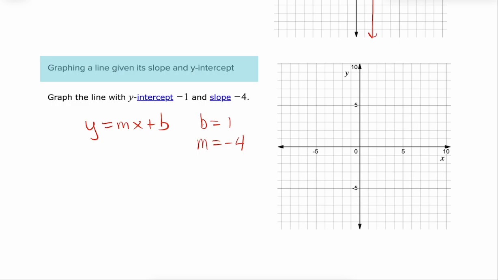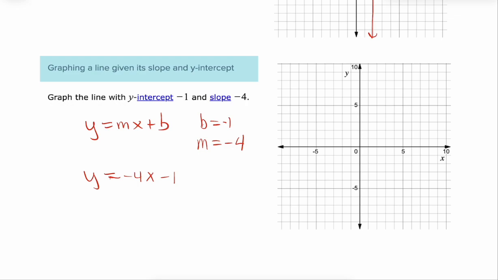When that's the case, the equation of this line, you could just set the -4 in front of the x and add the b, which is -1, on the end. If I add a negative, you can just write subtracted 1. But let's actually graph the line.